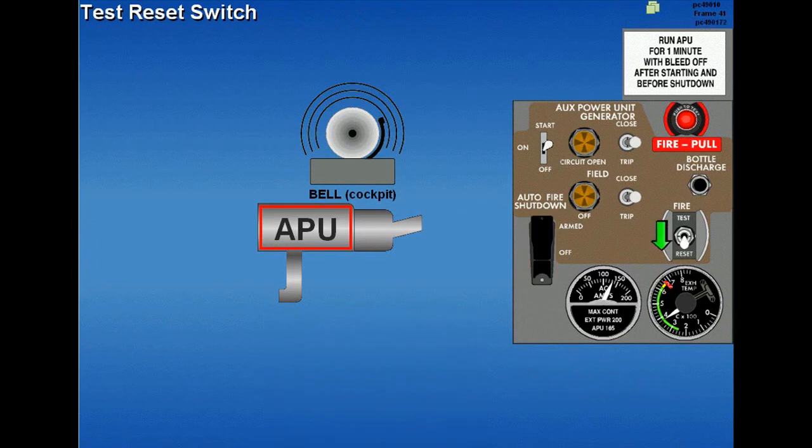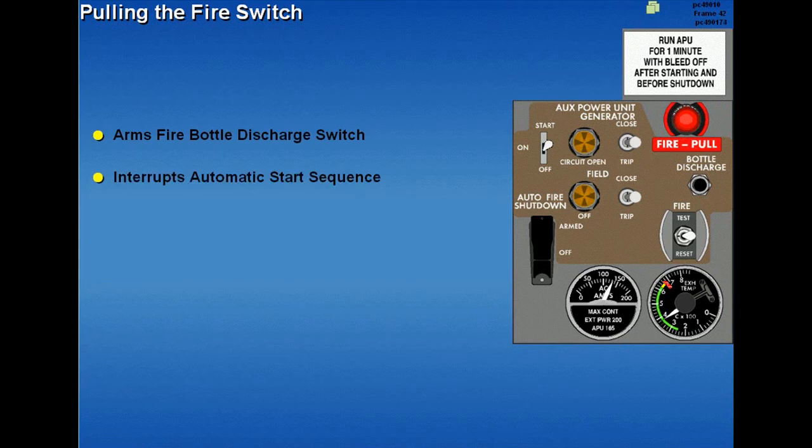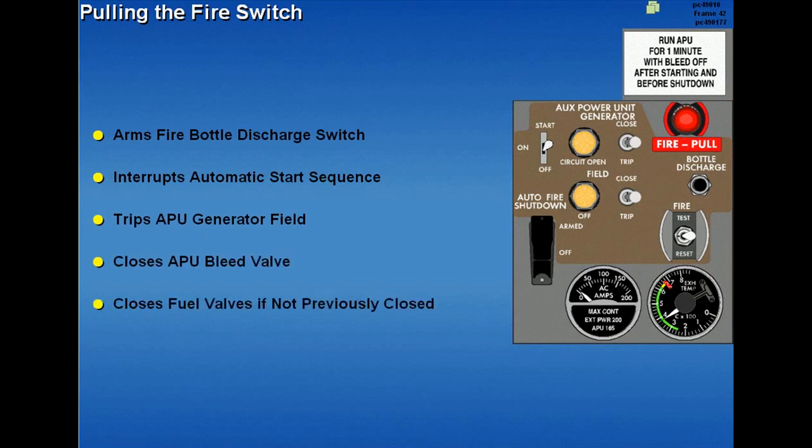Momentarily positioning the fire warning test reset switch to reset silences the fire bell, the nose wheel well horn, and changes the external flashing red light to steady. Pulling the APU fire switch arms the fire bottle discharge switch, interrupts the automatic start sequence, trips the APU generator field, closes the APU bleed valve, and closes the fuel shutoff valve if not previously closed by the auto fire shutdown feature.